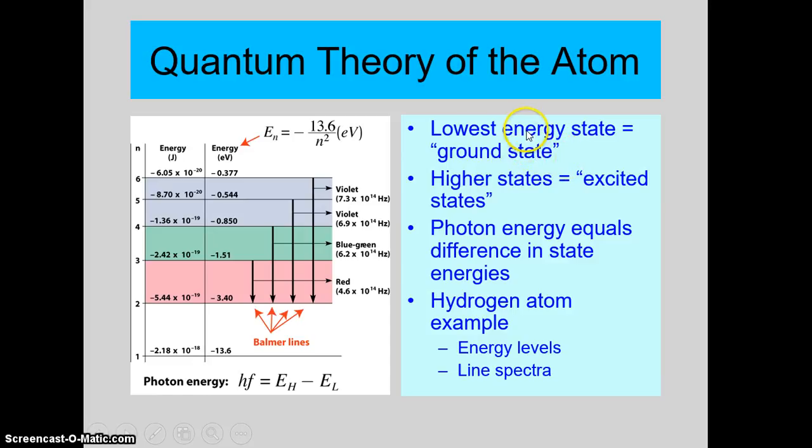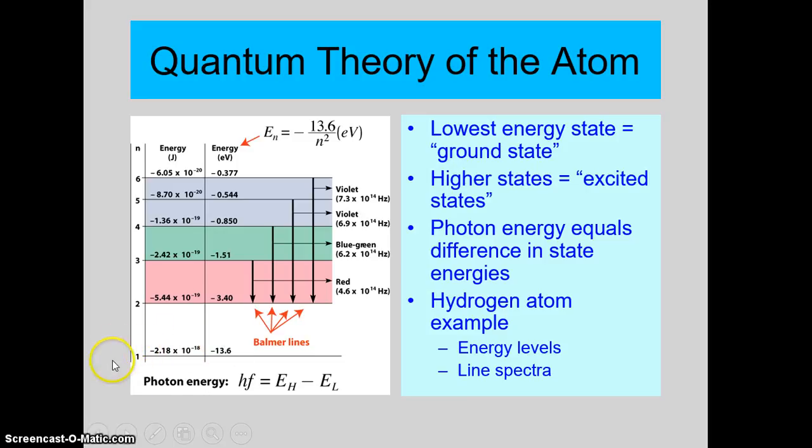At any rate, the energy for an electron is negative 13.6 electron volts, and I'll get into where that unit comes from, divided by whatever the state of the electron is, the energy quantum state.